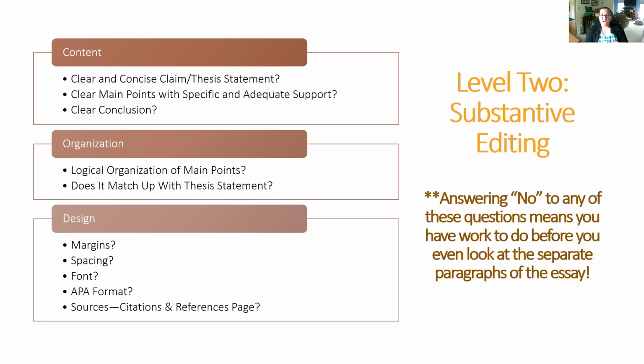Don't think that one main point equals one single paragraph. We are well beyond that level at this point, right? This is a college level course, and the development of ideas should reflect that.